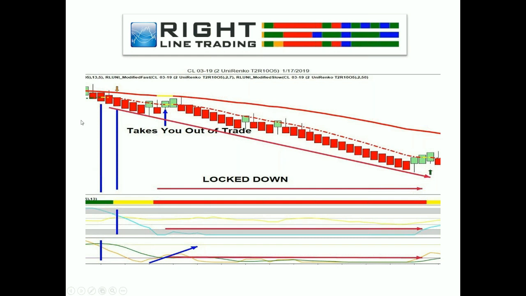That's going to give you an entry. Here's the Laguerre entry. Flashing arrow, it prints. As the arrow flashes, you set your sell stop one tick below the close, and you're in the direction of momentum. Now it continues down and then locks short here and never takes you out of the trade.